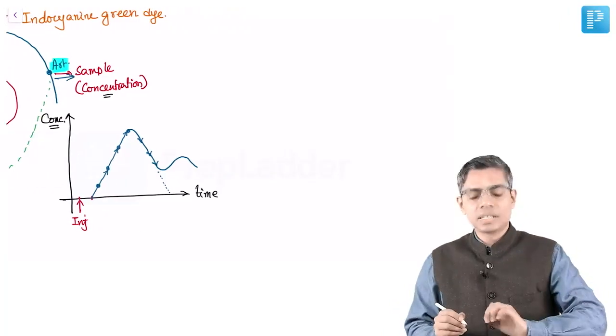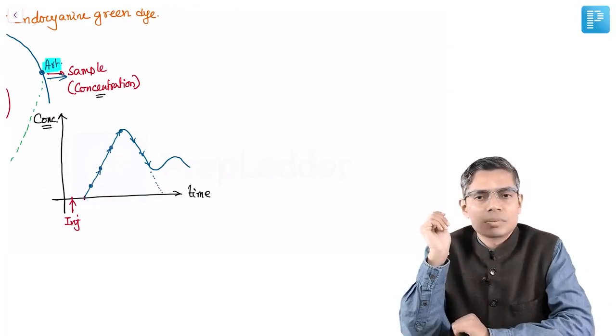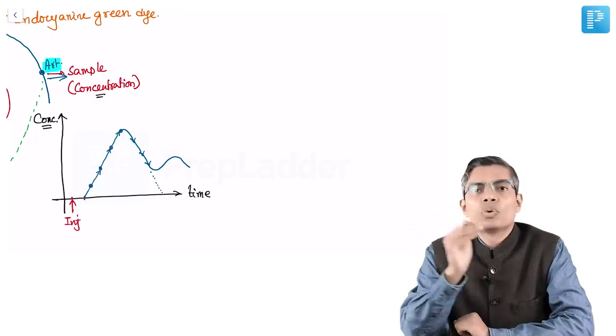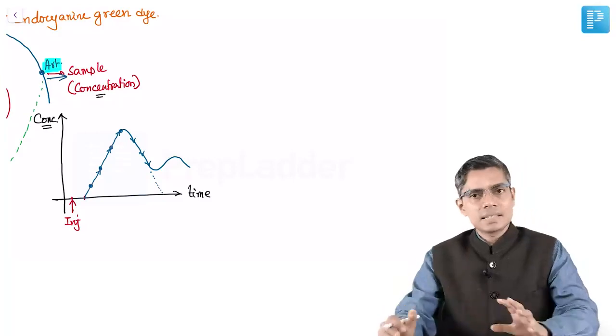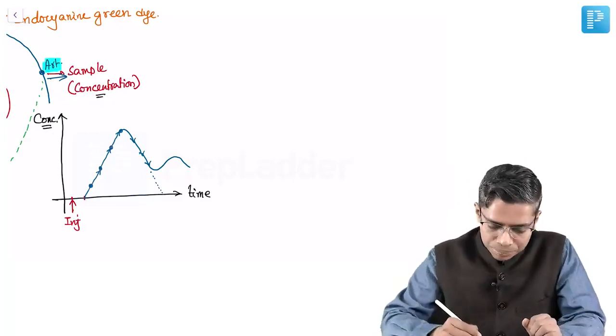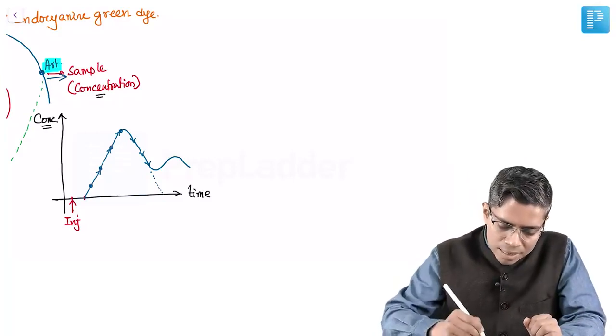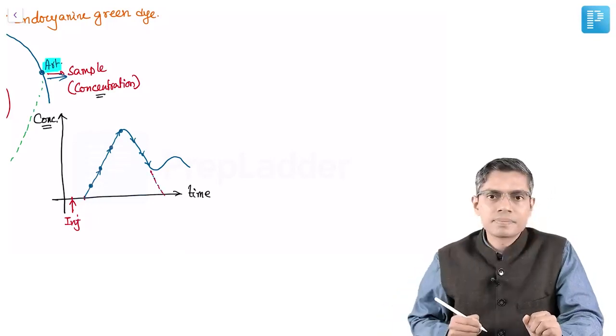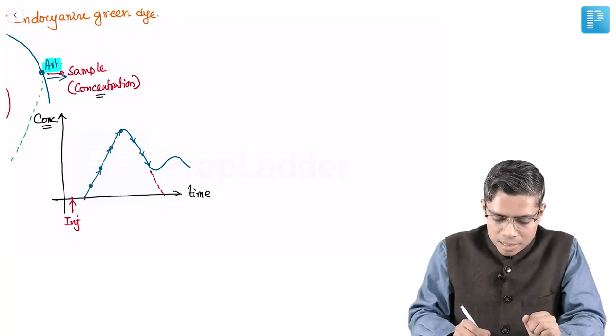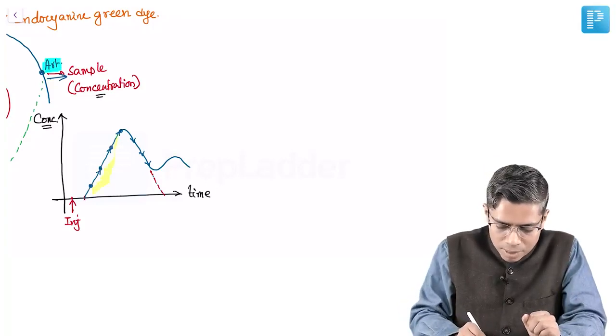So what you are measuring here is the continuous concentration of the dye in the arterial blood sampling over time. After getting this graph, you have to extrapolate this curve on the x-axis. This is known as the time concentration curve.